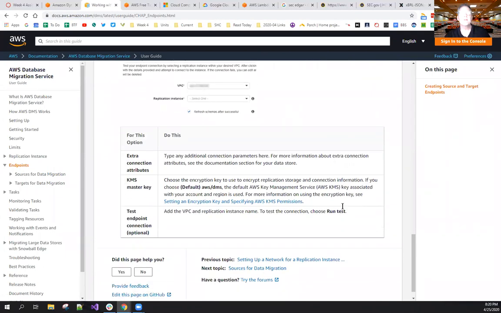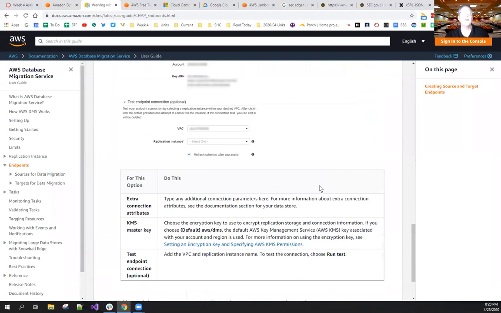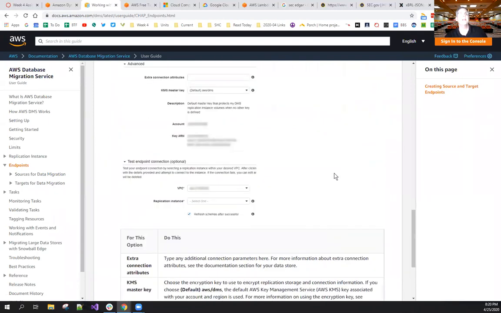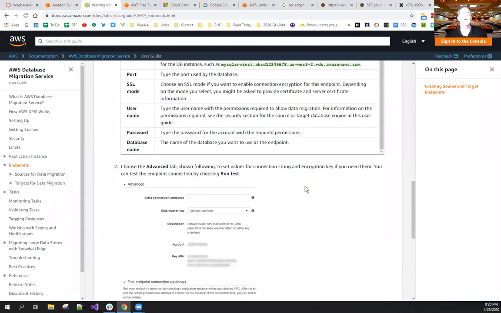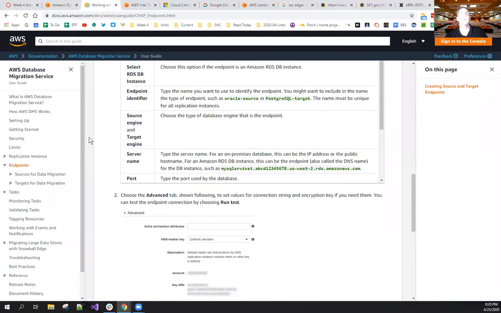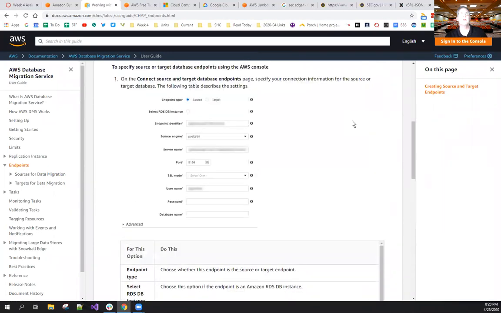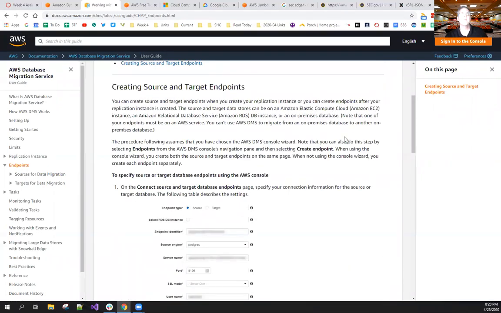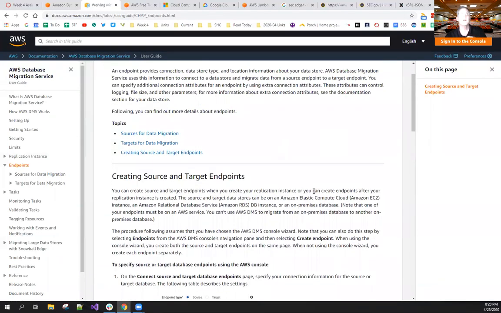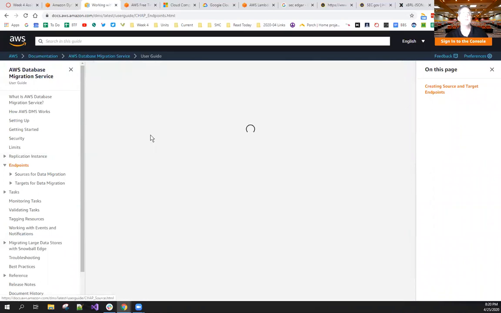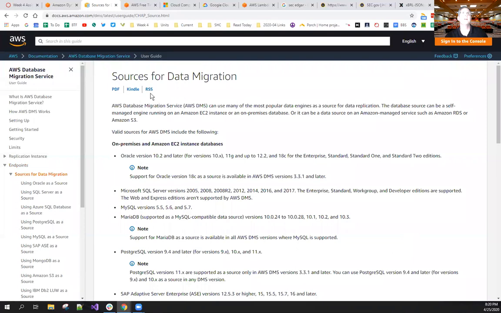This is the migration service, but again, this assumes that all our data is already existing in a MySQL database that we're then going to convert and keep in sync with the DynamoDB JSON file format. Sources for data migration. Look at that, RSS. Wow, that can be a source. Well, that's interesting.